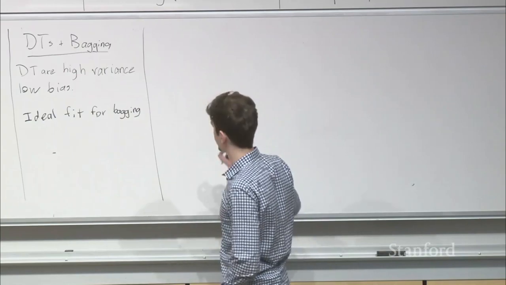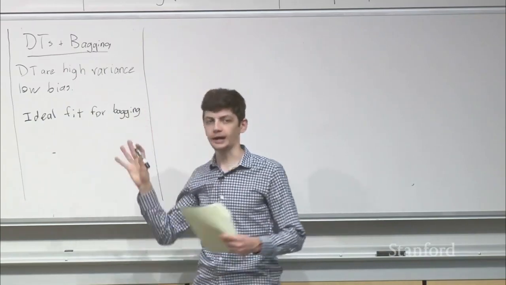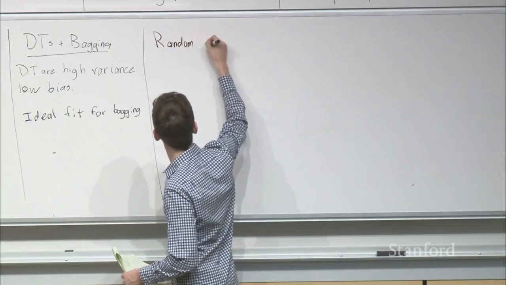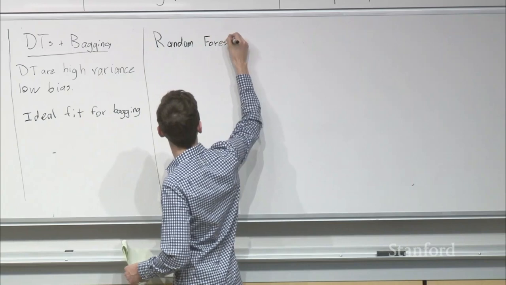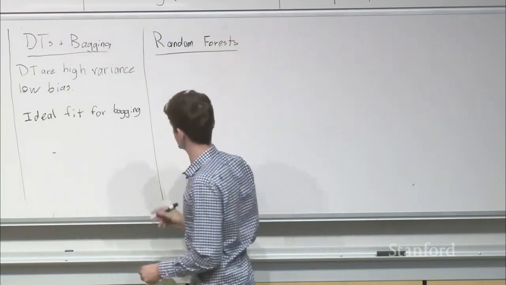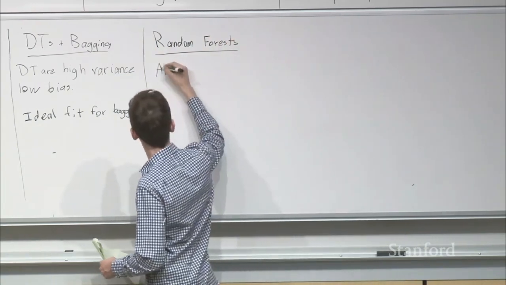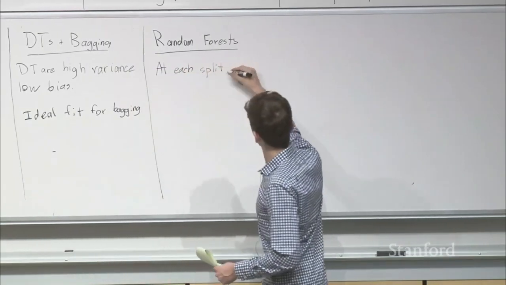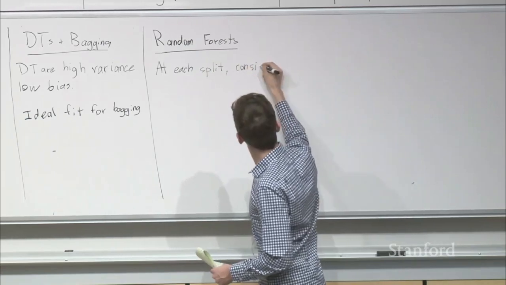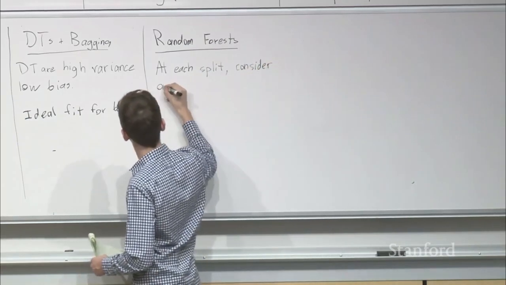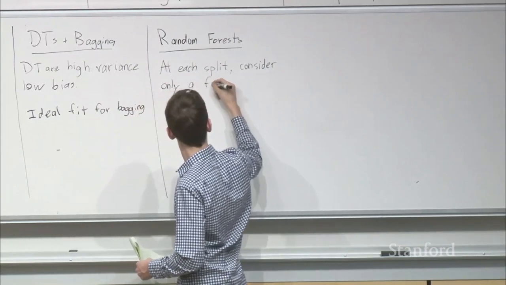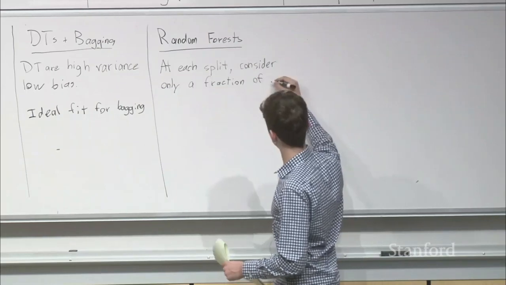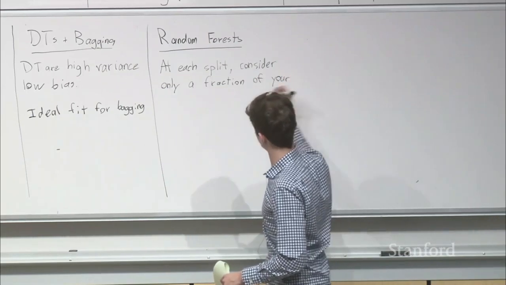And so the idea is that at each split for random forests, you consider only a fraction of your total features, right?